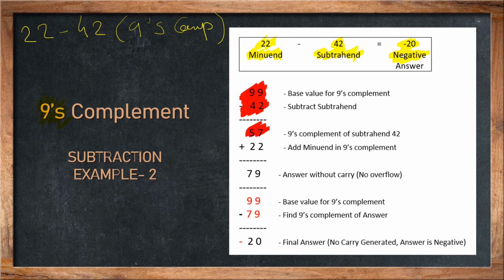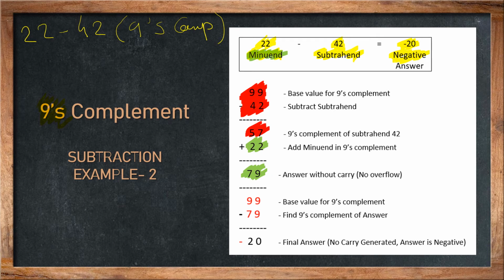The next rule says add the minuend. My minuend is 22. So add this minuend to the 9's complement of the subtrahend: 57 plus 22, and then we get the answer 79. Now what does the rule say?